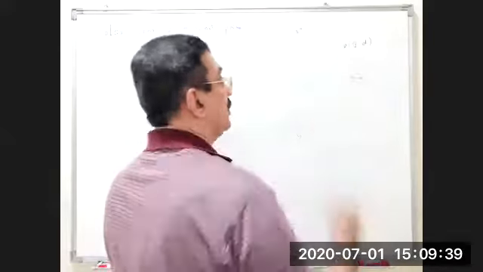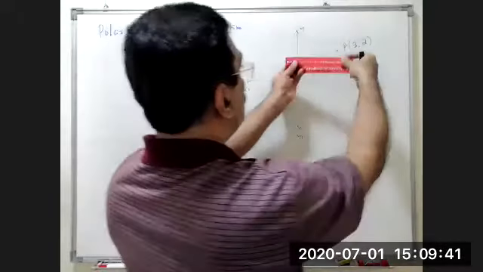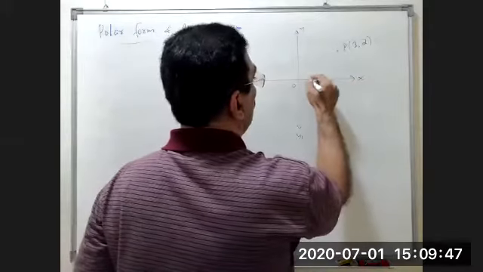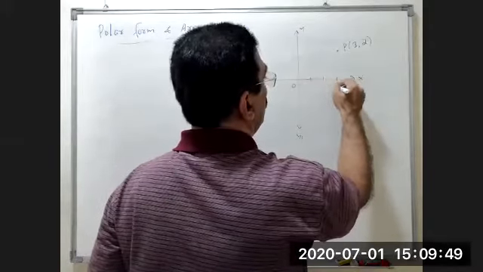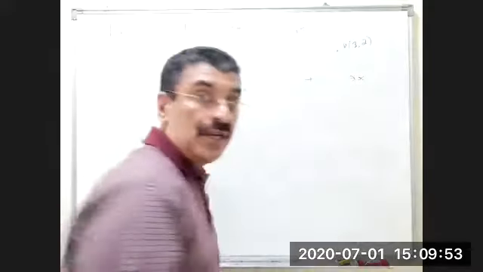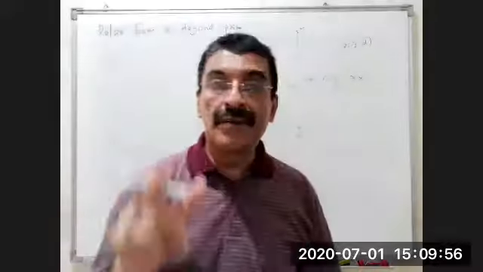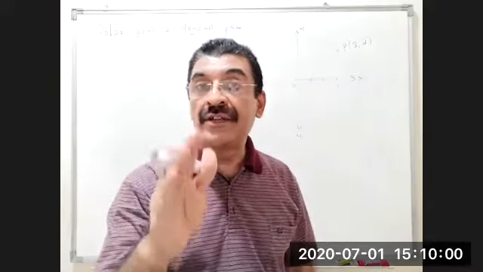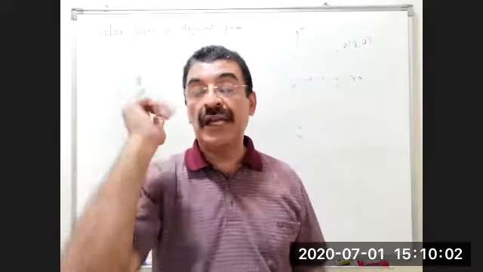See this point. This is the y-axis. That distance is measured here, where we mark 1, 2, 3. So the x coordinate denotes the measurement on the x-axis, which is actually the distance from the y-axis.